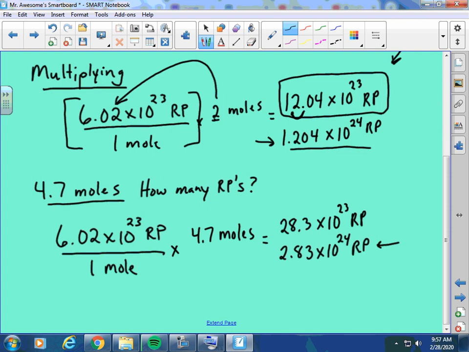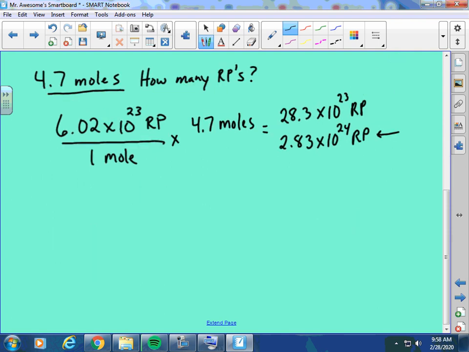All right, so I want to give you 2 practices to try. Or maybe we'll just do one. Practice number 1, and we'll just do 1 practice for multiplying. So in this case, I want to say that there are 3.1 moles.